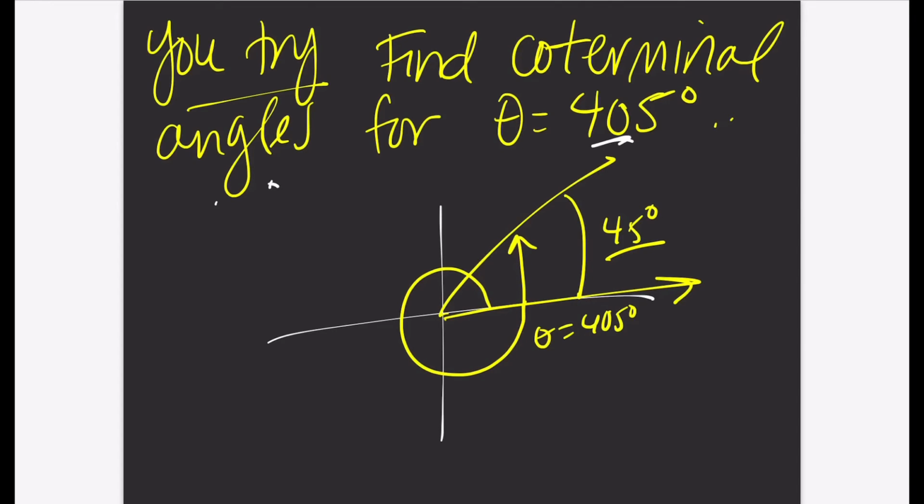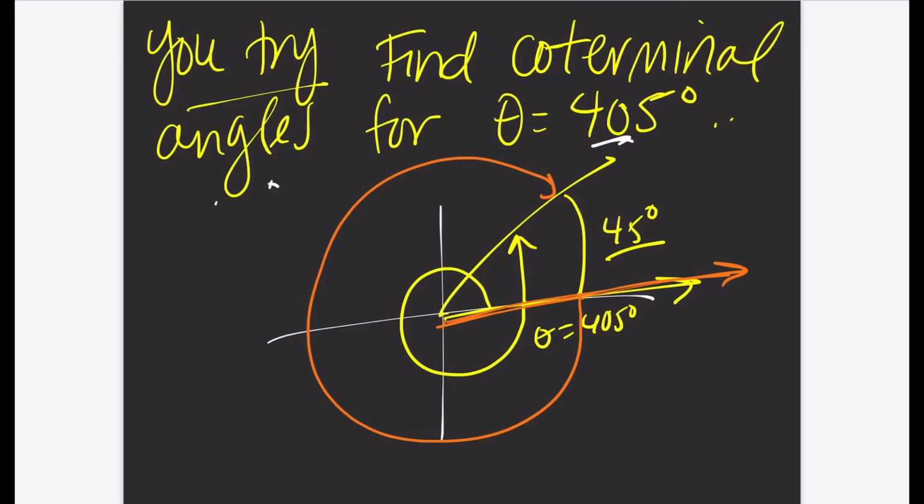Now, to find a negative coterminal angle, we're going to start at the positive x-axis and move clockwise. So the first one that I could see is from here all the way to here, in other words, 360 minus 45, which will be 315.